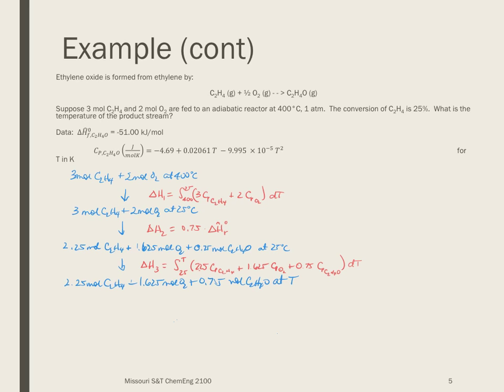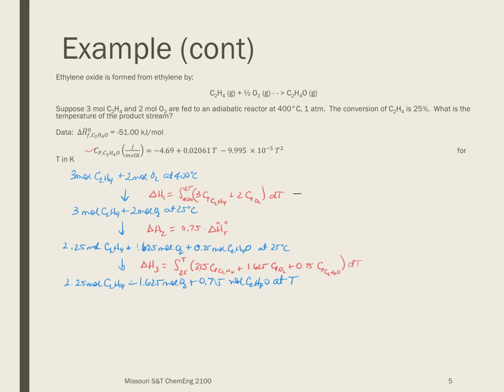Now C sub P for C2H4 and C sub P for O2 are both in the book. C sub P for the C2H4O, ethylene oxide, is given here in the problem statement. I can also calculate heat of reaction.